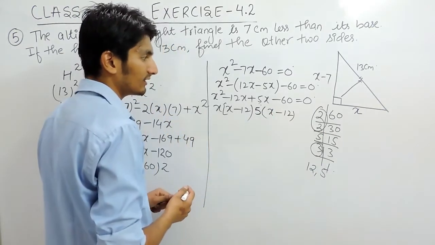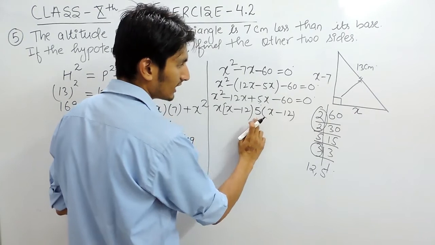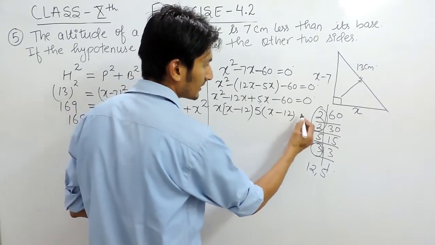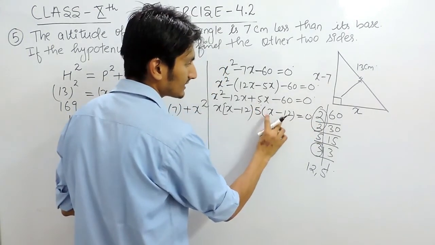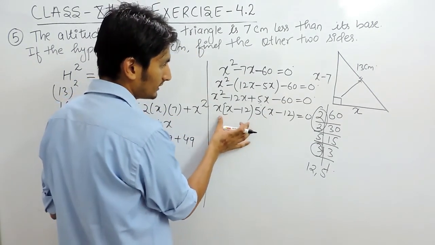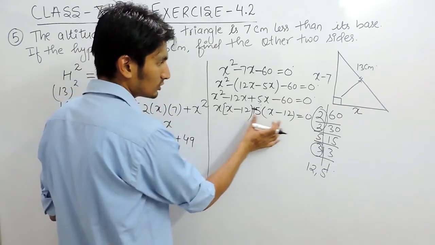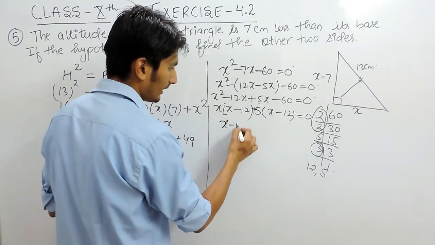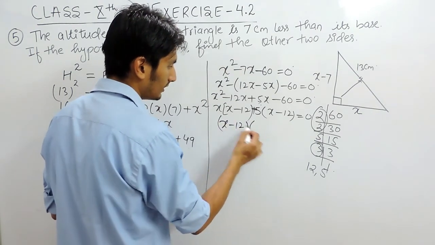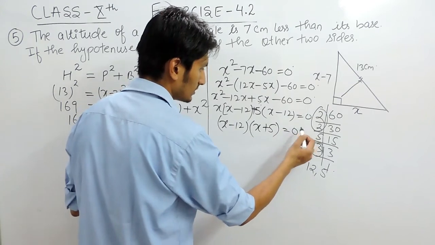Obviously you must take 5 as common, and from 60, if 5 is taken out, only 12 will remain with a negative sign. Here the signs are the same, so there is no need to take minus as common. And from these two terms, plus 5 will be taken common. So x minus 12 is taken common from both terms, so this will be x minus 12 times x plus 5 equals 0.